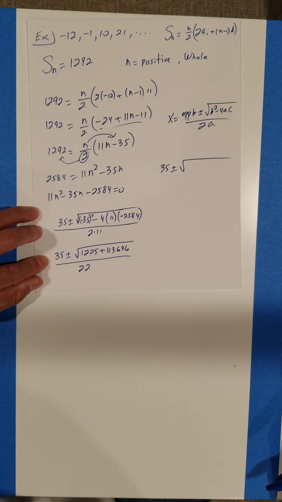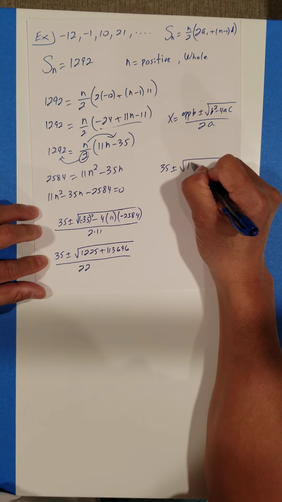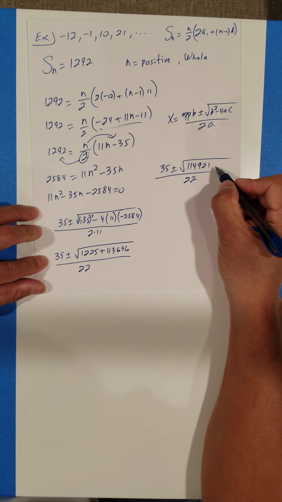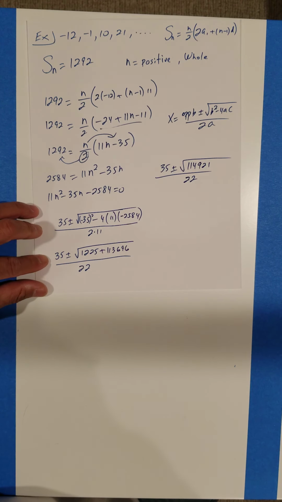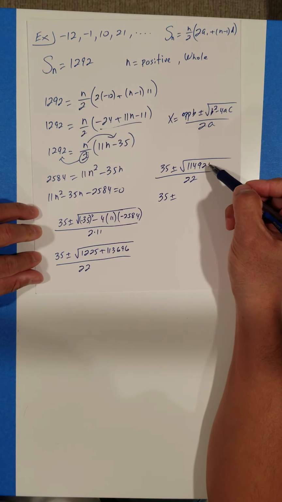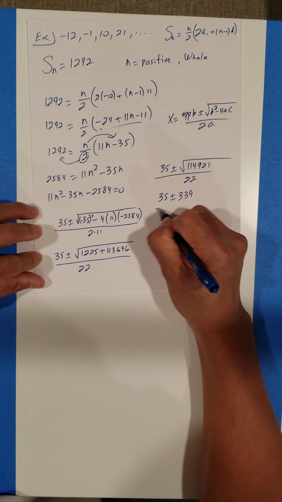Okay, I'm going to add these two numbers in the middle together. I get here 114,921 over 22. This should be a perfect square, I'm hoping. Okay, let's see. Yep, so 35 plus or minus, the square root of this is going to be 339 over 22.